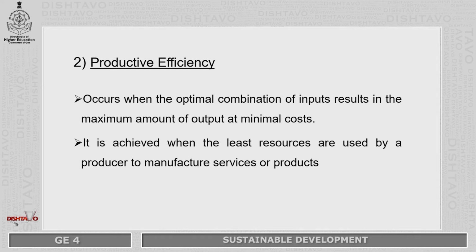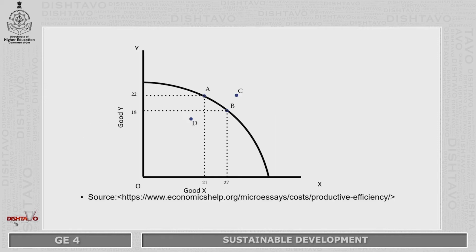The second type of efficiency that we have is productive efficiency. This occurs when an optimal combination of inputs results in the maximum amount of output, but at minimal cost. It is achieved when the least resources are used by the producer to manufacture services or products. This can be seen in the diagram. We have good X and good Y being produced in the economy and we have the production possibility curve.